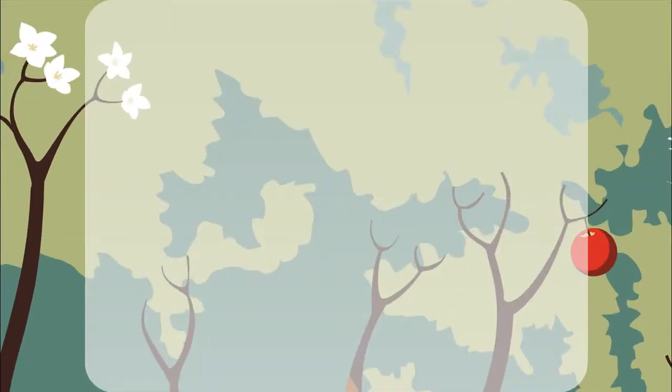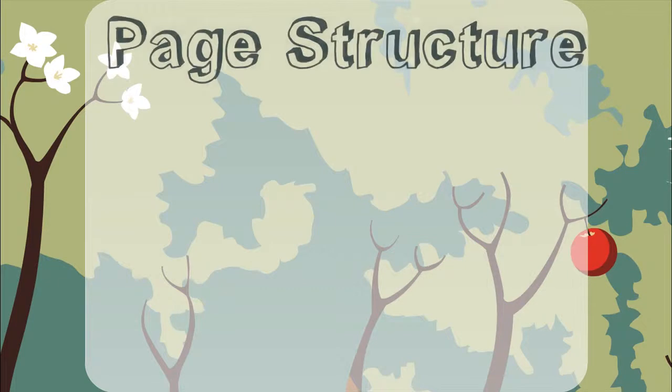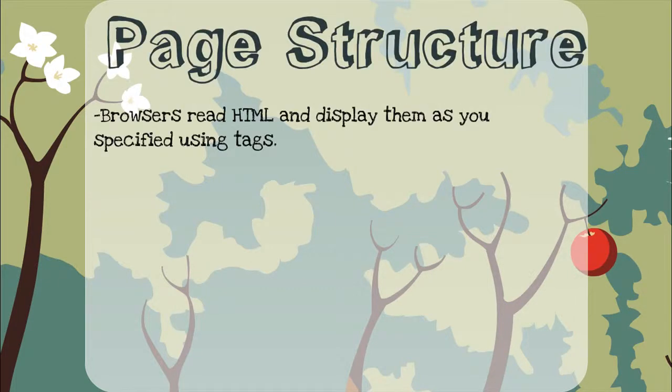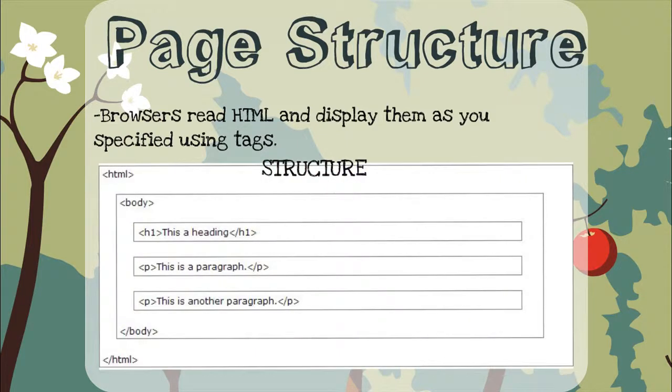So, page structure. Web browsers, such as Google Chrome, Internet Explorer, Firefox, and Safari, read HTML documents and display them as web pages. The browser does not display the HTML tags, but uses the tags to display the content of the page.